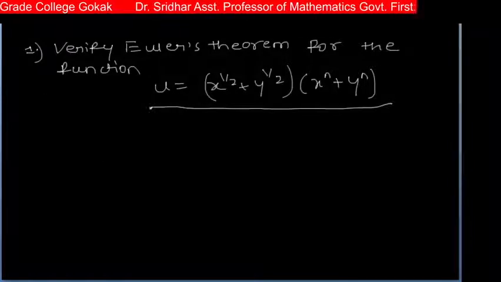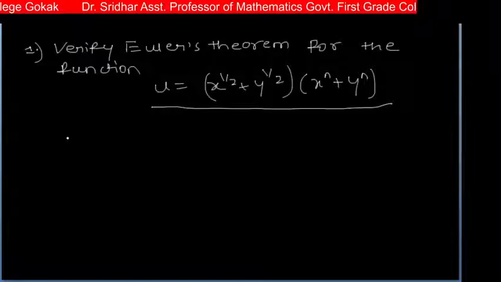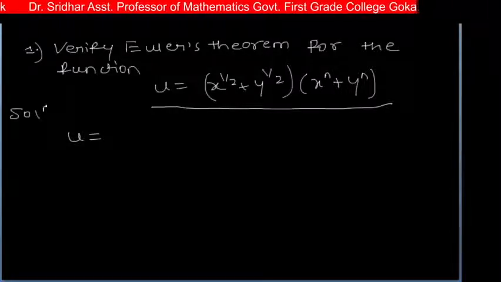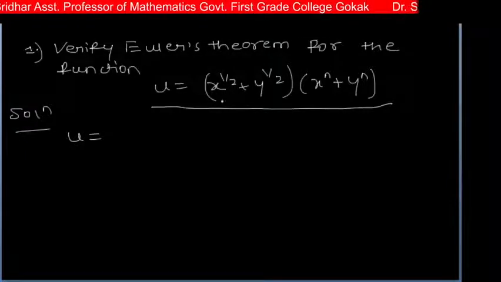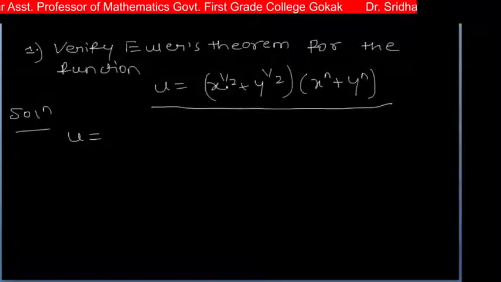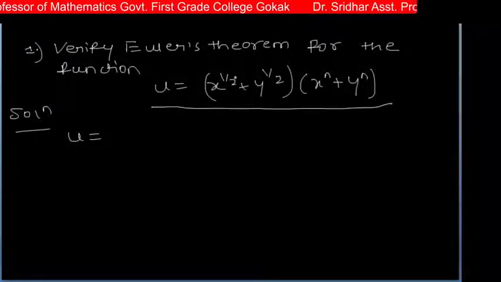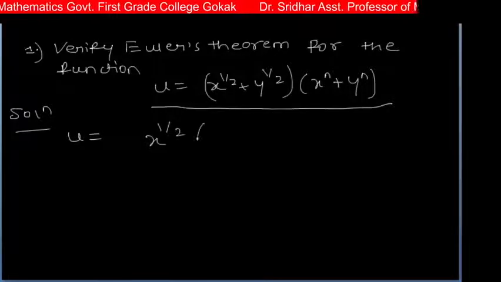So to check homogeneous, u is equal to, here I take the highest degree term of x, that is x raised to 1 by 2, as common.